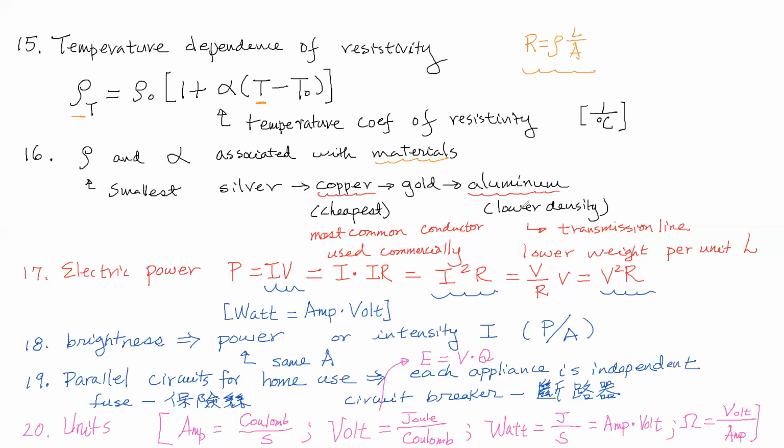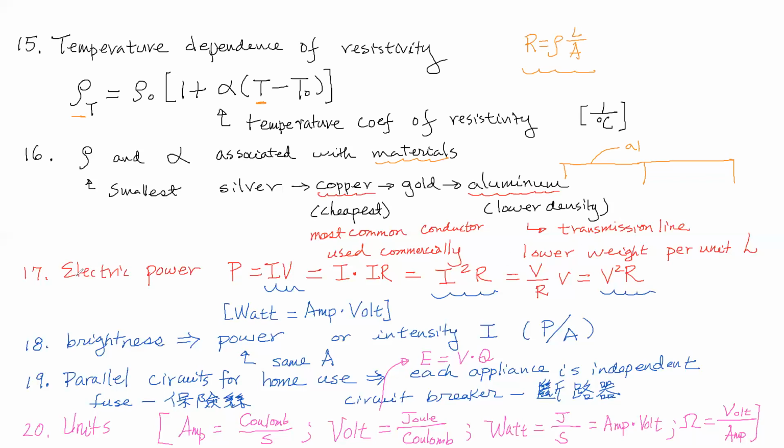Aluminum is used because its density is smaller than copper. So in the transmission line that goes hundreds of miles across states, the material is usually aluminum because it is less weight, lower density. So transmission lines use aluminum because of lower weight per unit length.